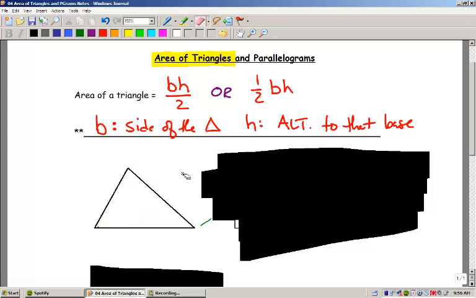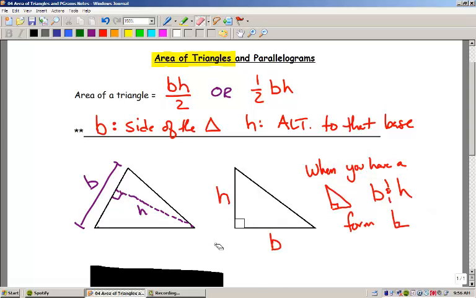You could also have the other side to be your base as well. You can use this as your base, but then again, your height would have to come down right there. So any side could be your base, and then the height is going to be that segment perpendicular to it.